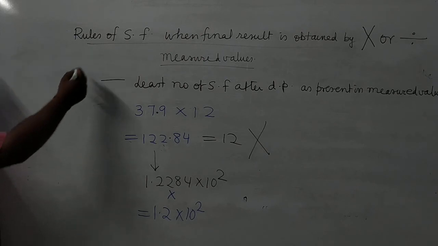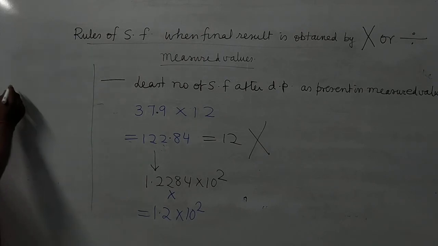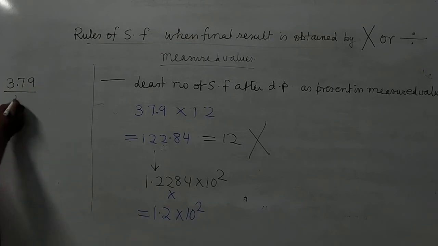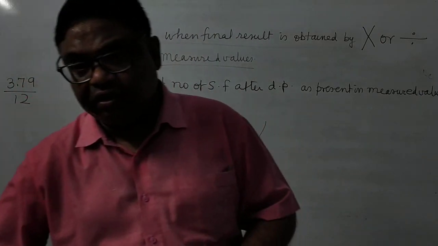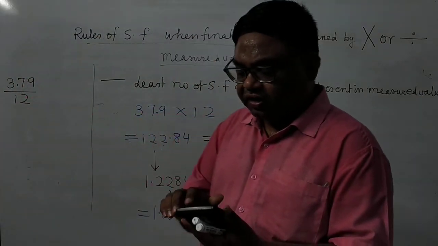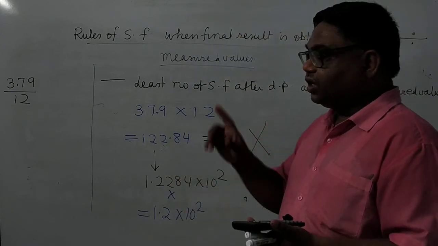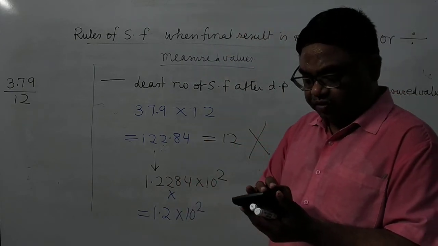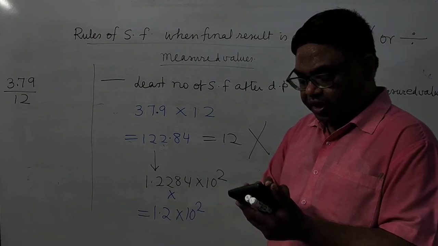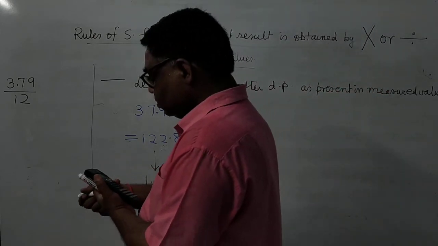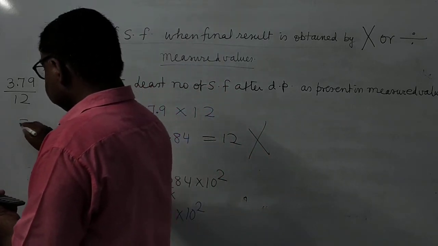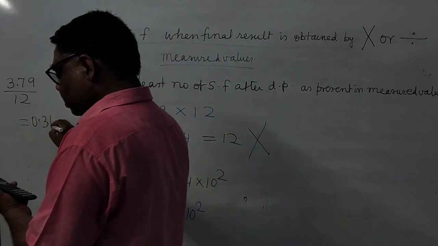Now see here, suppose it is 3.79 upon 12. How many significant figures does it have? 3.79 has 3, and 12 has 2. So in the final result you will keep two significant figures. 3.79 divided by 12 is 0.3158.